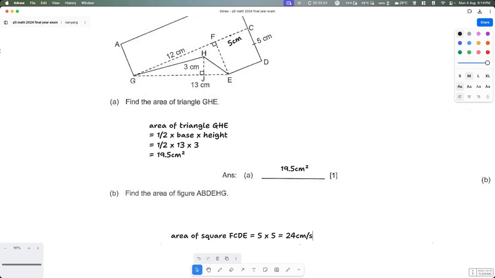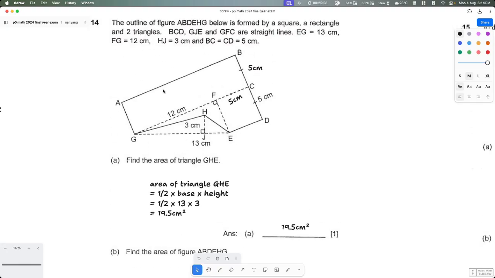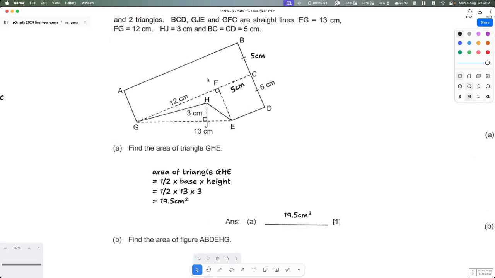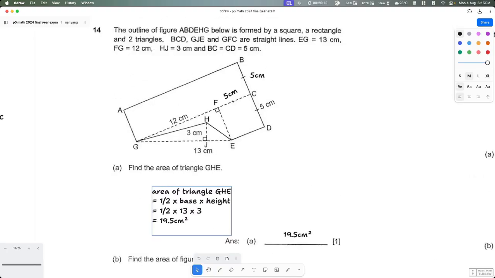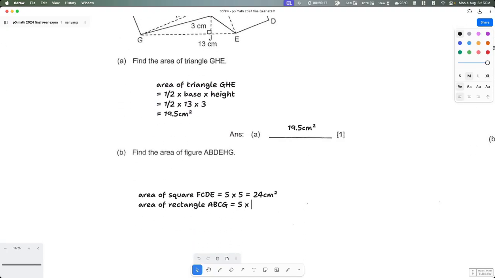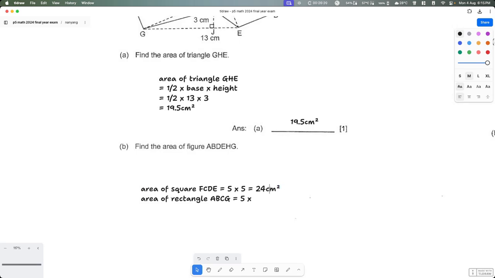Okay, square. So now we want to get the area of the rectangle. So rectangle ABCG. Area of rectangle ABCG is equal to length times breadth.